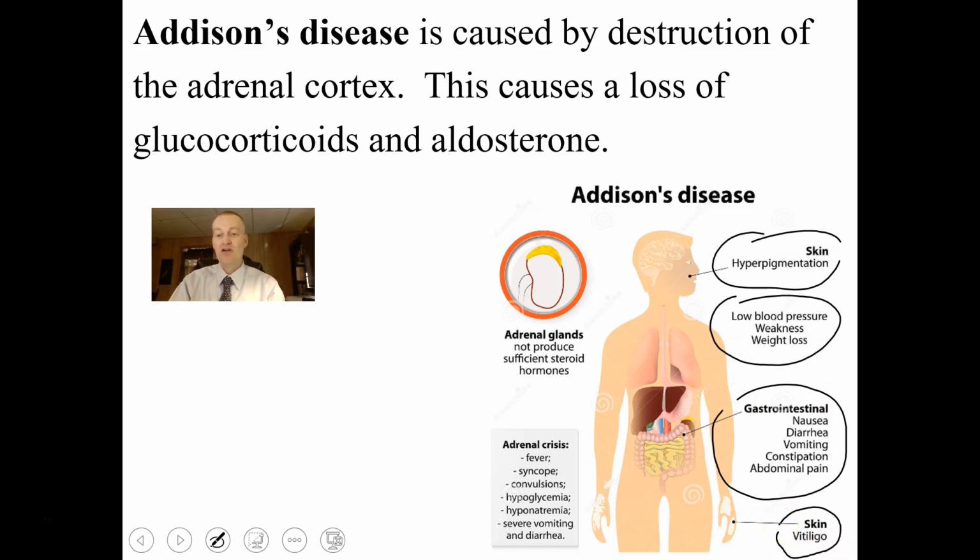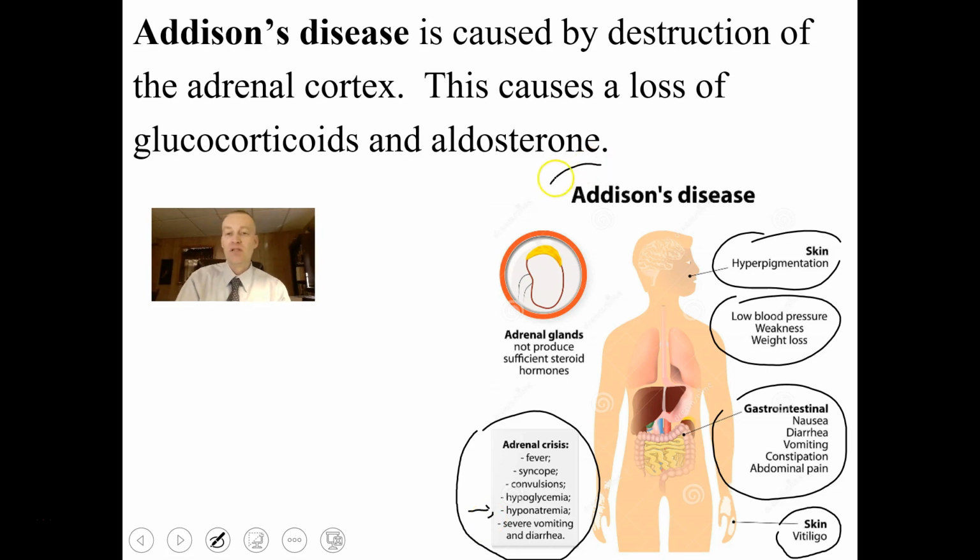You could have little white patches on your skin, vitiligo. You can have fever, fainting, which is syncope, convulsions, hypoglycemia, hyponatremia, which is too little sodium in your bloodstream, severe vomiting, and diarrhea.